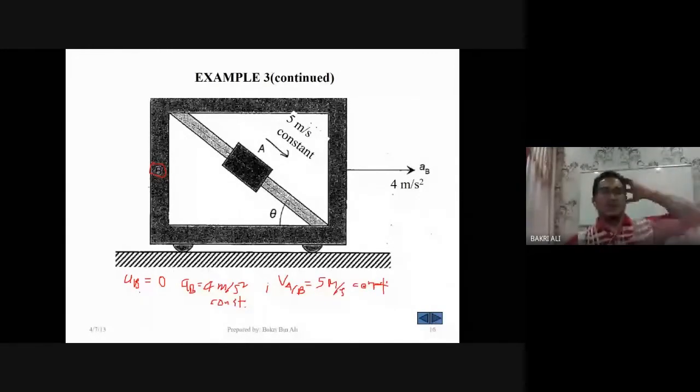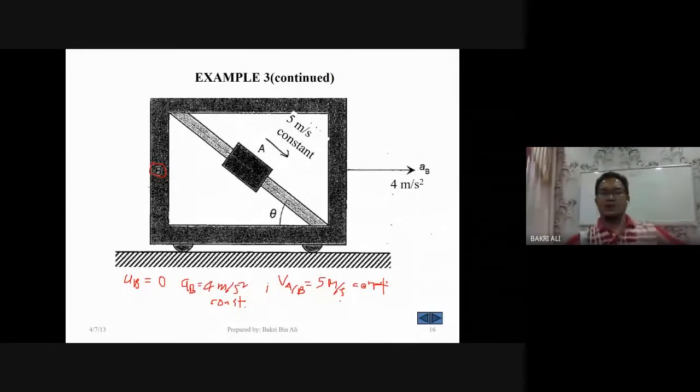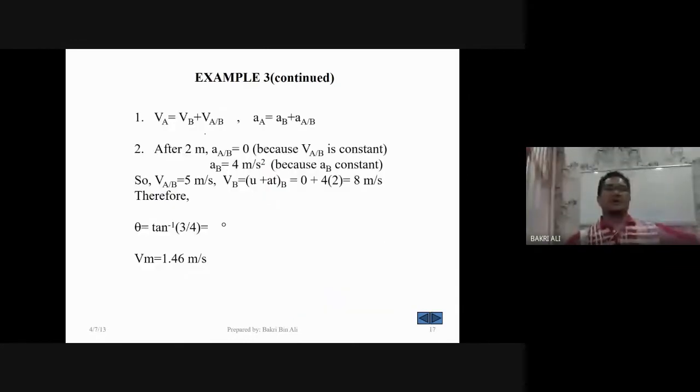So UB equal to 0, AB is 4 meters per second squared constant, and VA/B is 5 meters per second, also constant. And of course, from here you can see that the acceleration of A/B equals 0.